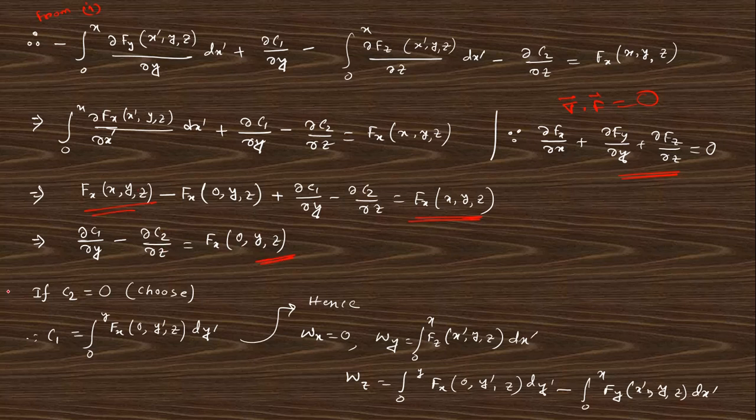If we choose C2 equal to 0, any constant can be taken as 0, then C1 will be found by integrating this one. So you can finally say that Ax equals 0, this is Ay, and this is Az.